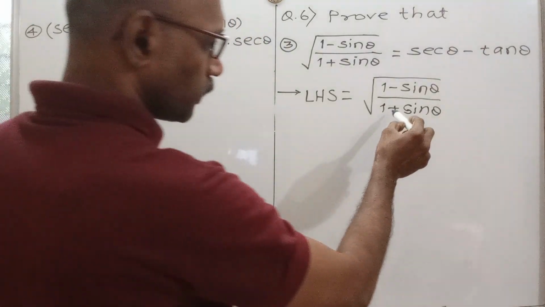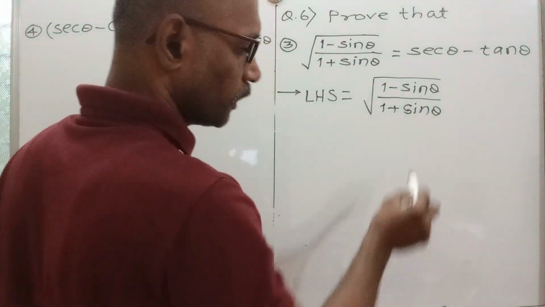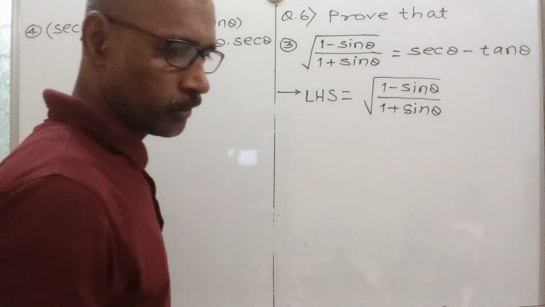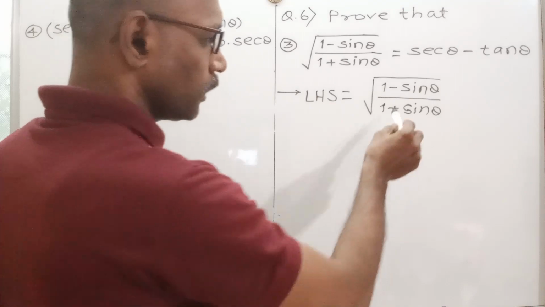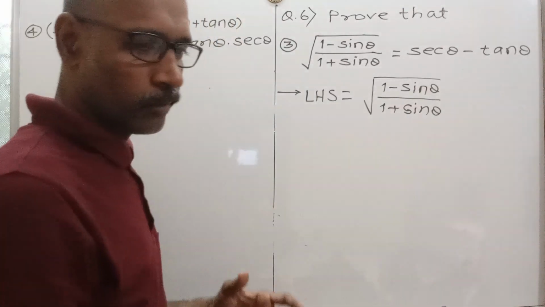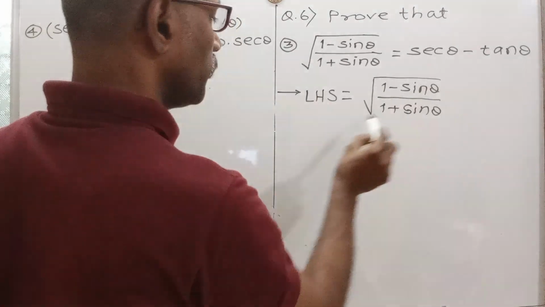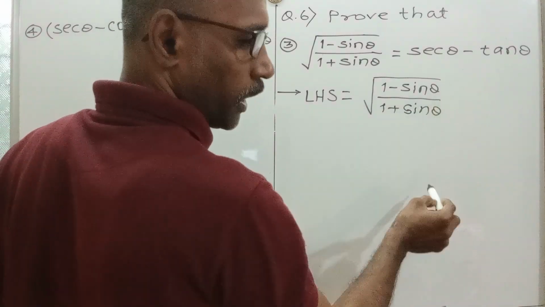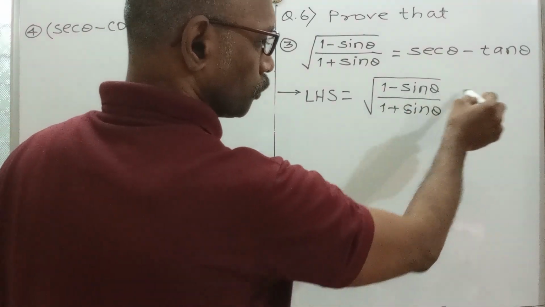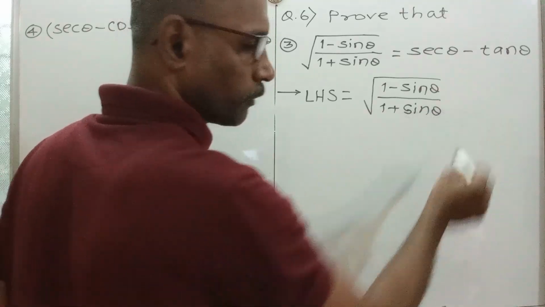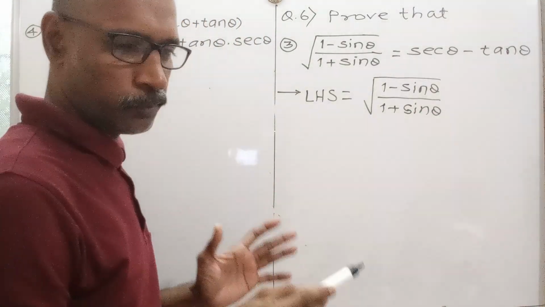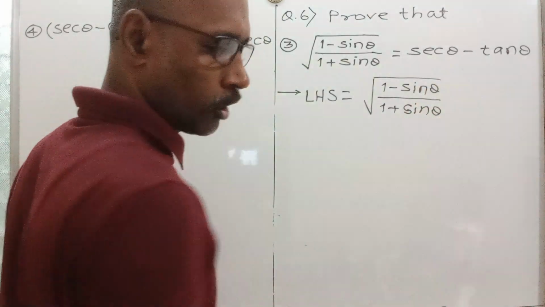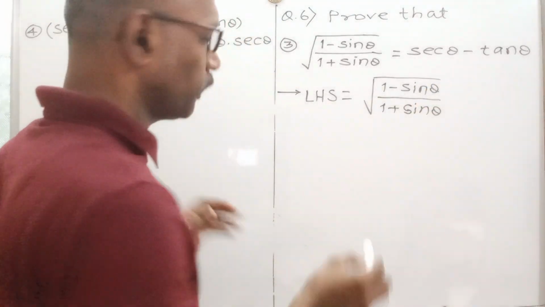Did you understand? Now we take the conjugate pair of the denominator. When the denominator is 1 plus sin theta, the conjugate pair is 1 minus sin theta. By taking that conjugate pair, we multiply the numerator and denominator by the same conjugate pair.